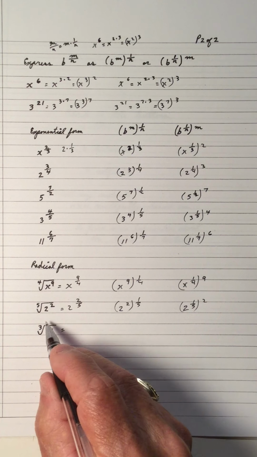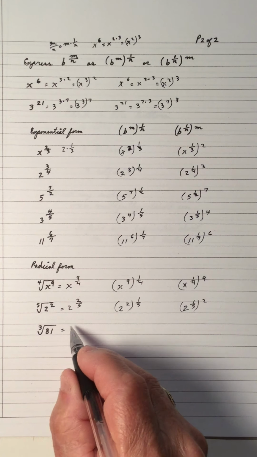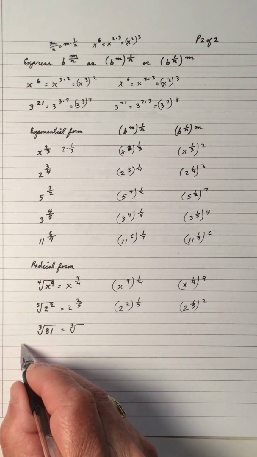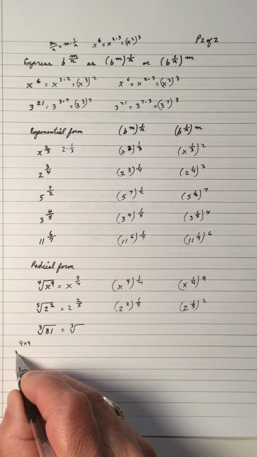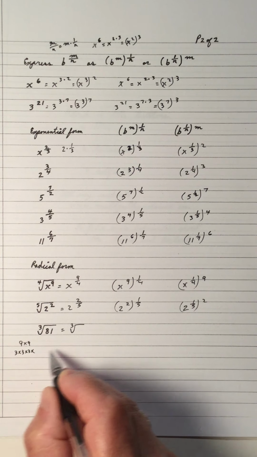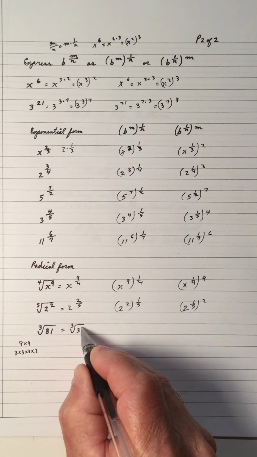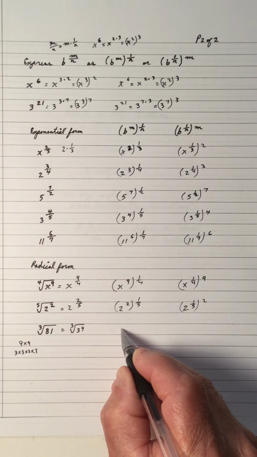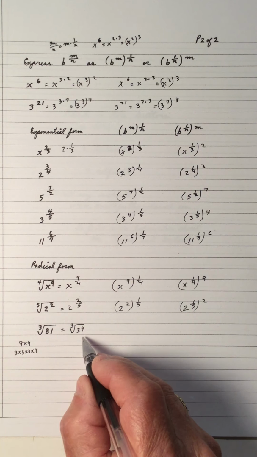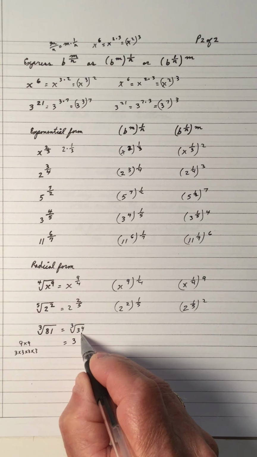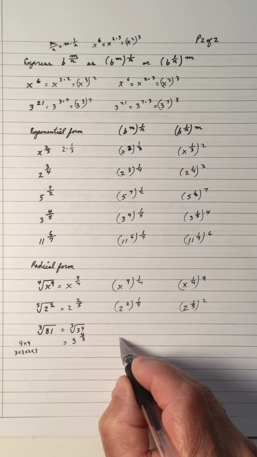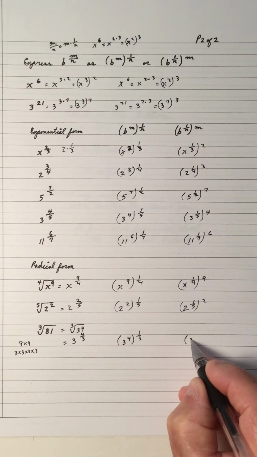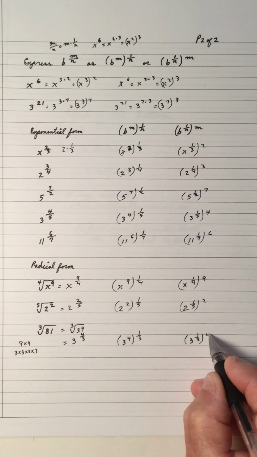And we have the cube root of 81. So we need a power, so some 81. 81 is 9 times 9, which is 3 times 3 times 3 times 3. So 81 could be 3 to the 4th, so that makes it 3 to the 4 over 3. So we have 3 to the 4th to the 1/3, or we have 3 to the 1/3 to the 4th.